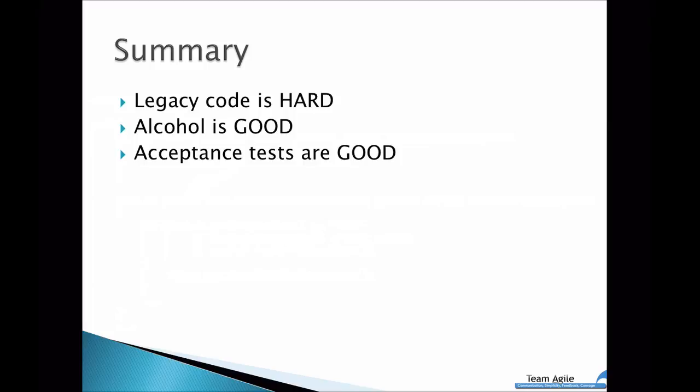Bypass all the refactoring and the unit testing stuff at the beginning and start with acceptance testing and see what you end up with. You might end up with exactly what you wanted, which is a tested system that you can change without going to the trouble of refactoring the hell out of it later, because then you can refactor it to whatever you want. Not just for testability, but just for better design, whatever you want.